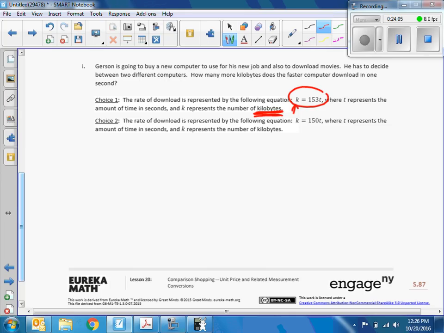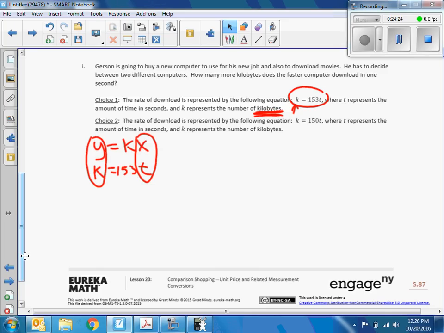I know this can get confusing, but if I rewrote this as y equals kx, ignoring what these letters say, these correspond, and what we want to focus on is that. k is 153.